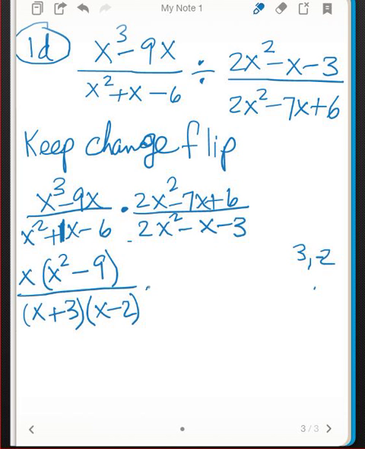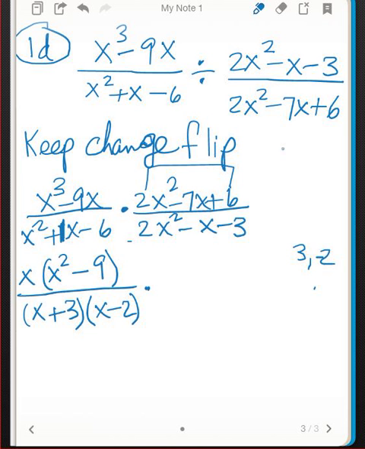Now we're going to factor the numerator of the second fraction. They don't have a GCF. It's similar to what we just factored before, except the leading coefficient, the number that's multiplied by the x squared, is not 1 here, it's 2. So we have a couple of extra steps. We multiply the 2 by the 6.